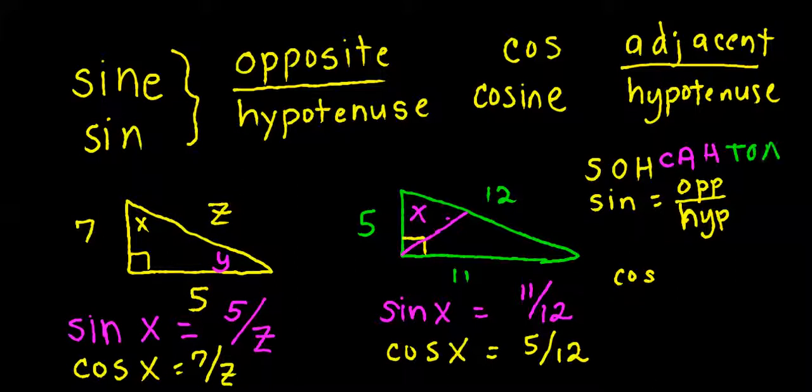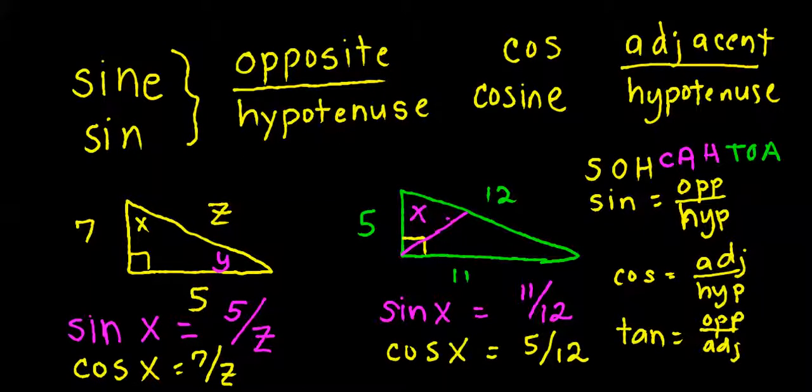Cosine is A for adjacent and H for hypotenuse. And then tangent, T for tangent, equals O for opposite and A for adjacent. There's another video about tangents.